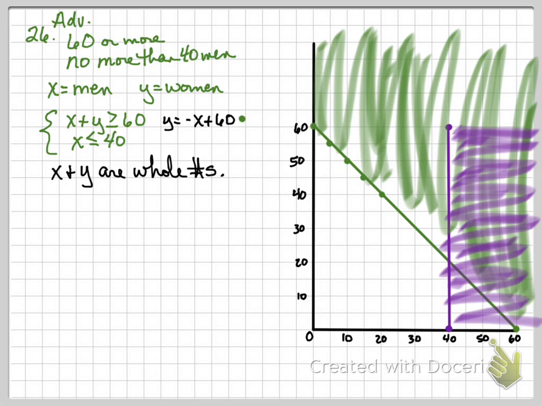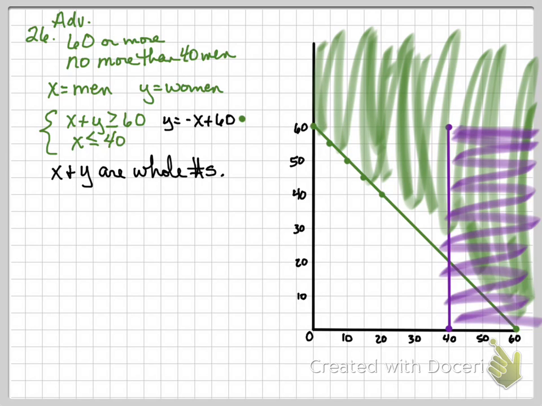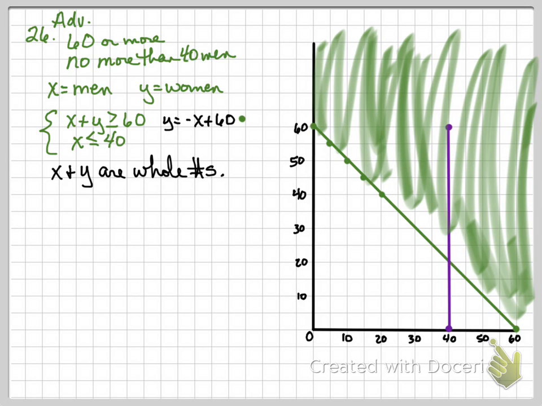Number 26 was about a medical study. And you can see that we had 60 or more people, no more than 40 men. And I just realized I shaded that the wrong direction. Let's fix that real quick. Okay.